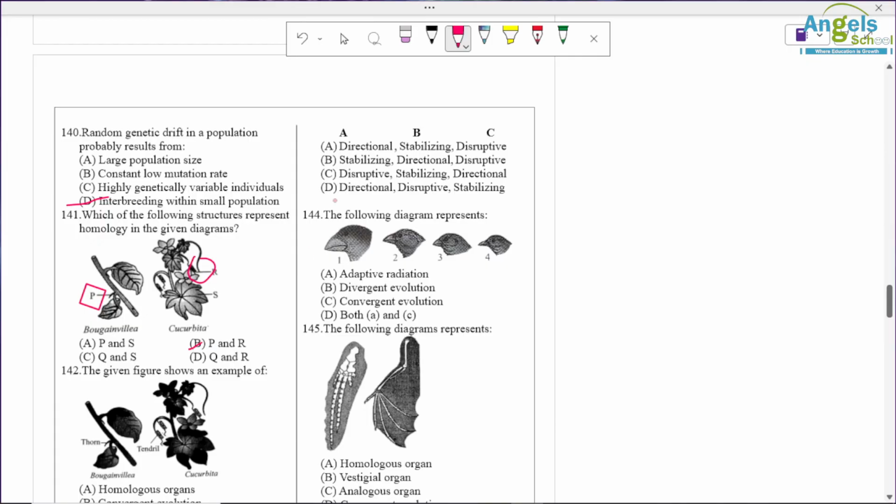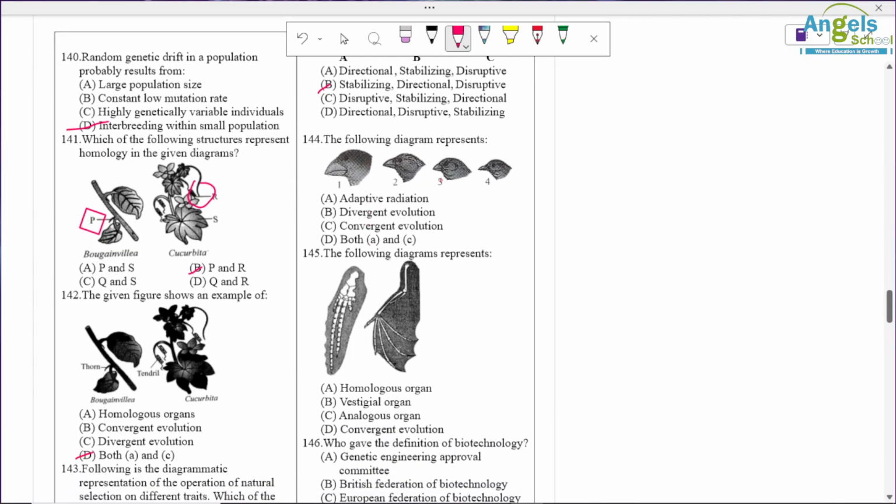Okay, so option B is correct. Question number 144. The following diagram represents Darwin finches, which represent adaptive radiation and convergent evolution. So option D is correct.